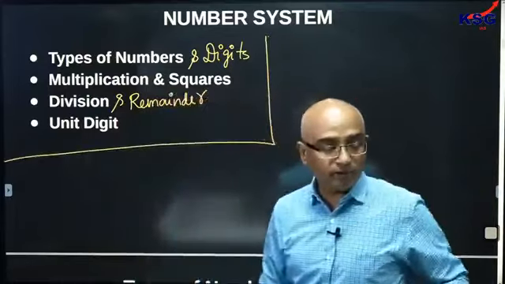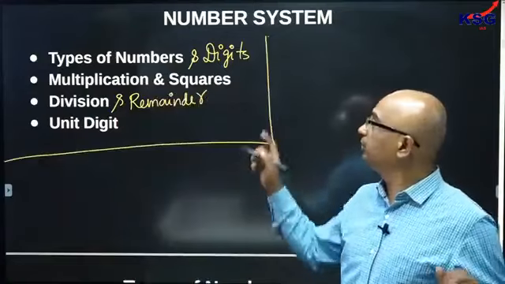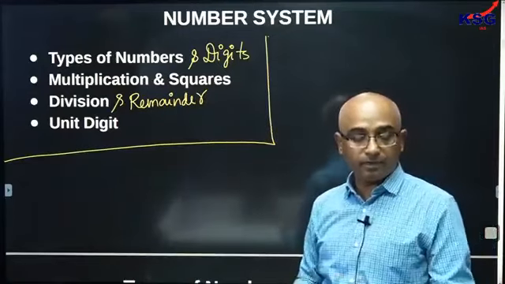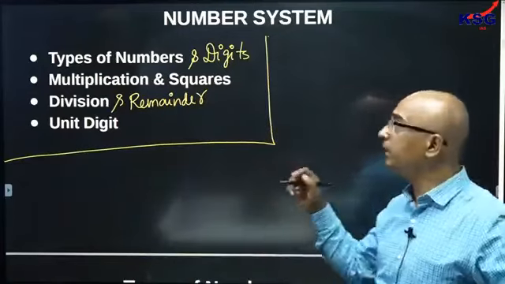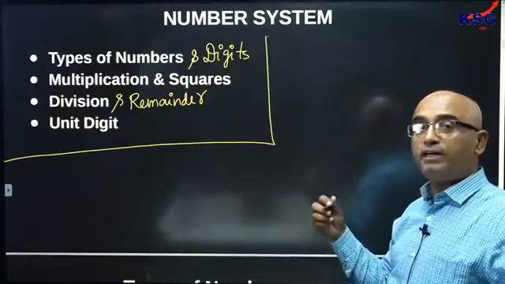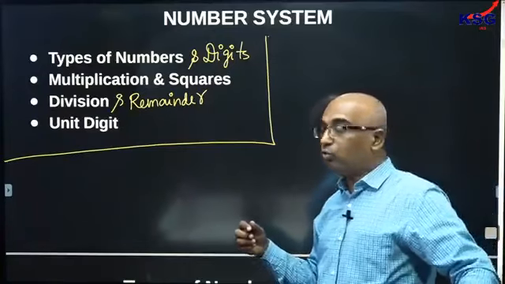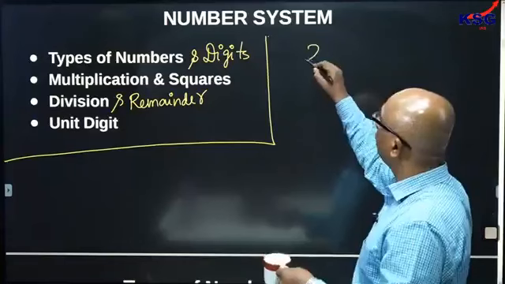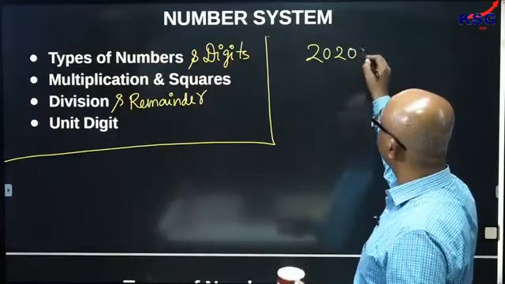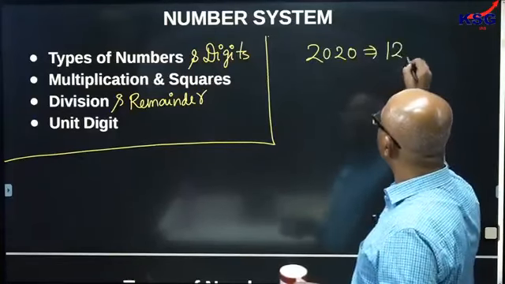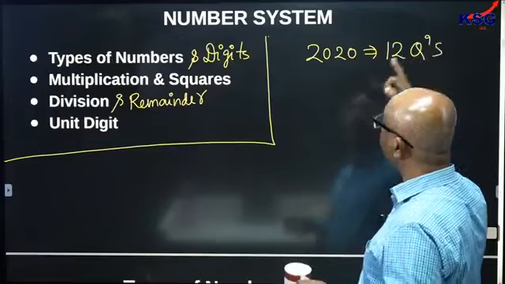So, number system part 1 and part 2, complete syllabus. Students, listen, why is this chapter important in our paper? In 2022, last year, 12 questions from number system only.